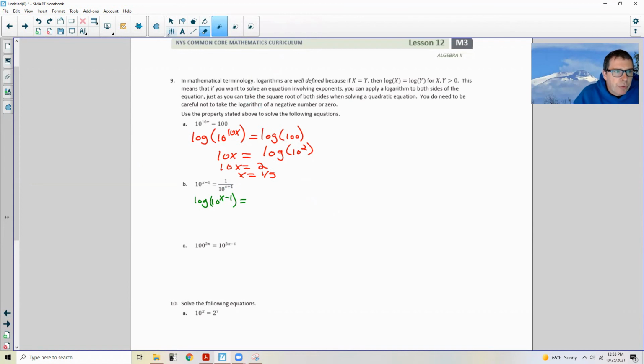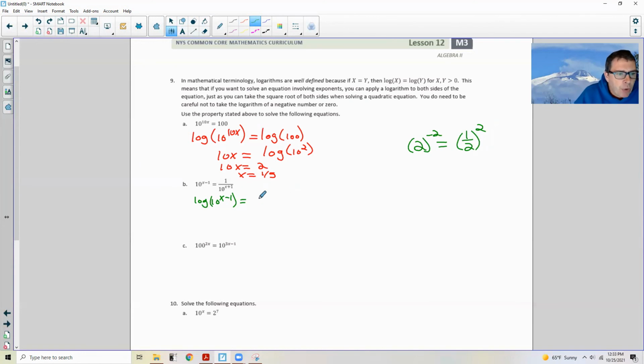Okay, remember our rules. If we have something to the negative, then it gets the reciprocal. In other words, 2 to the -2 equals 1 over 2 squared. If I want to get rid of a fraction, I just flip it over and make the power negative.